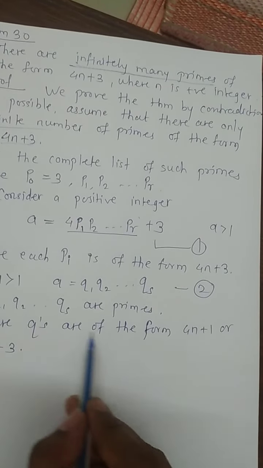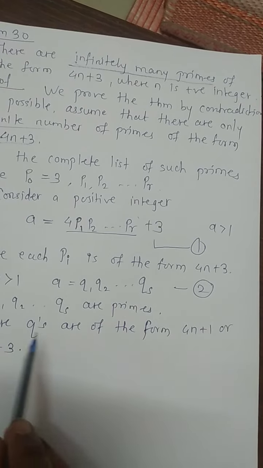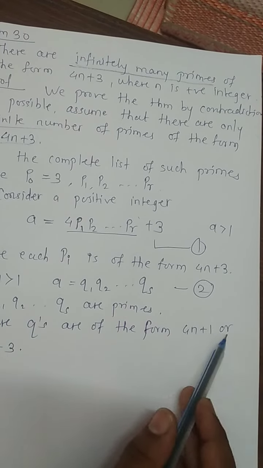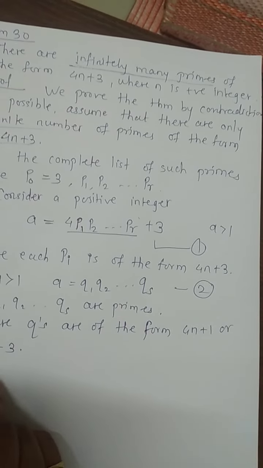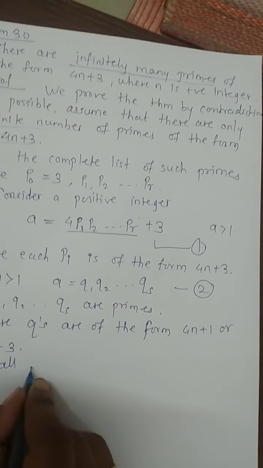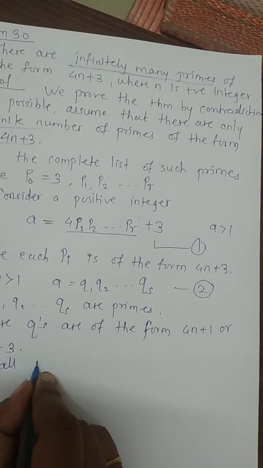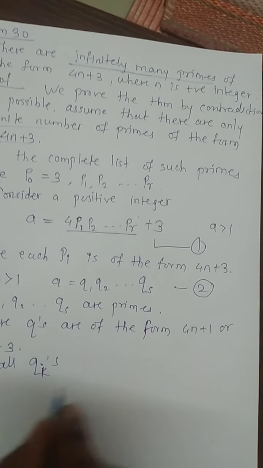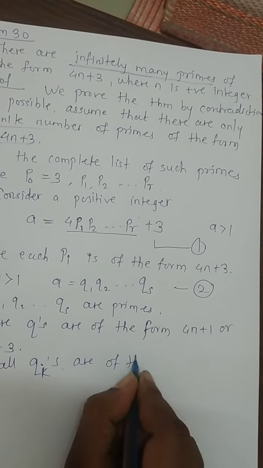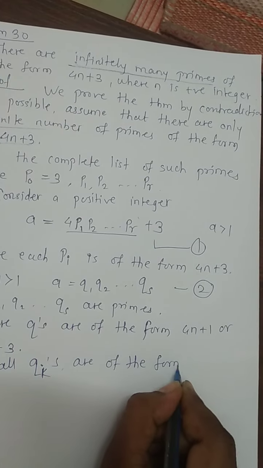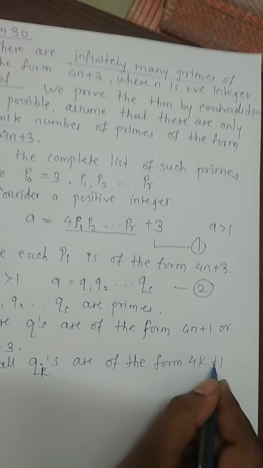We have already seen, yes, all primes are of the form 4n plus 1 or 4n plus 3. Okay, suppose all these qk's are of the form 4k plus 1, then what happens?